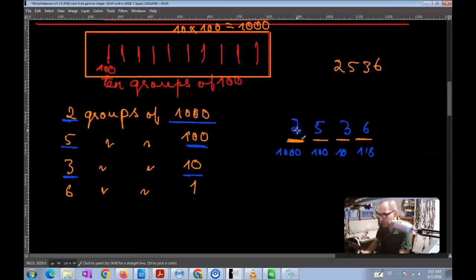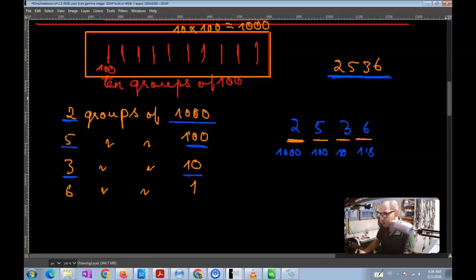So now my number is 2,536, and now you can express the number of the objects that we had in the form of a number in the decimal system, right?